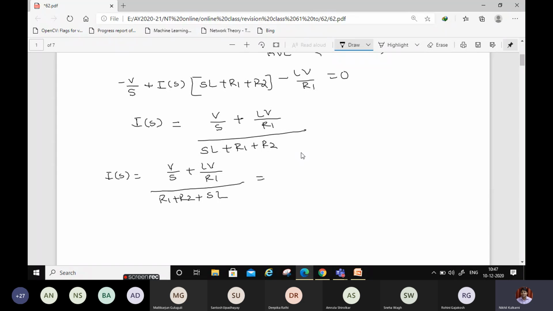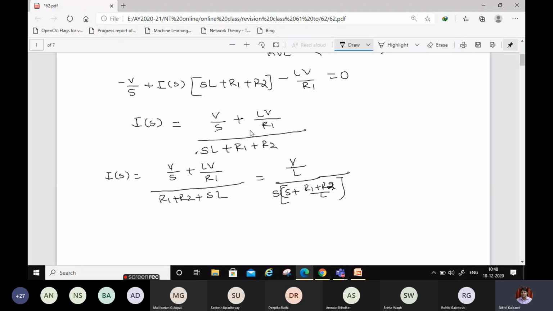So how to split it now? If you want to cancel this L term, I can divide both numerator and denominator by L. What I will get is the V by S term, if I take it separately: V divided by L, this S will go down, so I can write S into S plus R1 plus R2 divided by L. Okay, getting this step now, everyone?